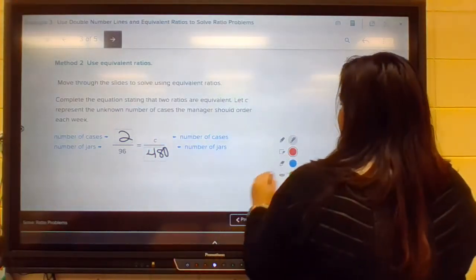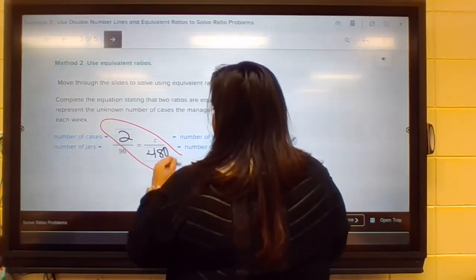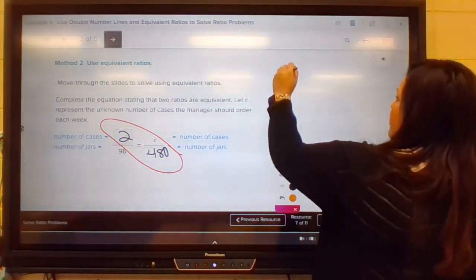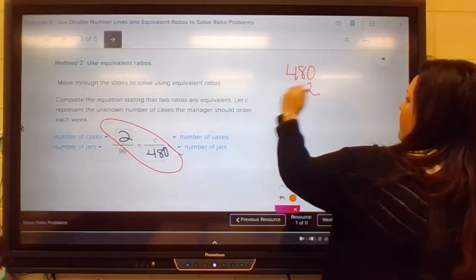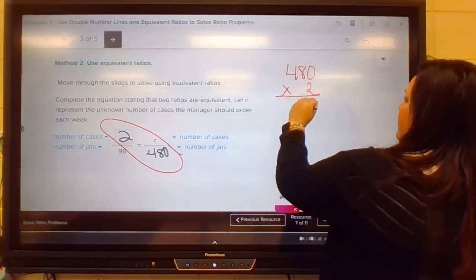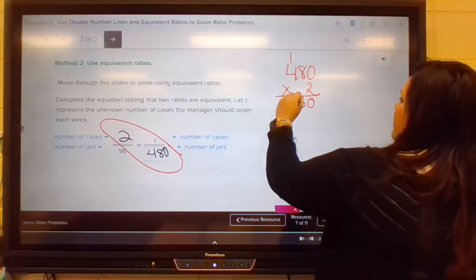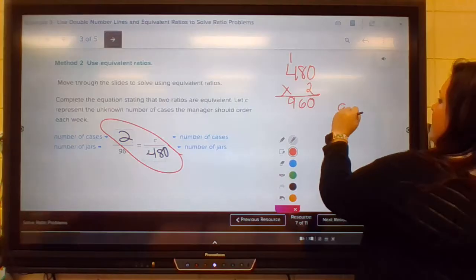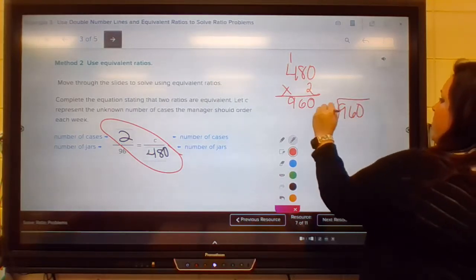Okay. Now, if you remember what I said previously, we can multiply by these 2 and then divide by the other. So 480 times 2. 2 times 0 is 0. 2 times 8 is 16. 2 times 4 is 8 plus 1 is 9. 960. 960 divided by 96.